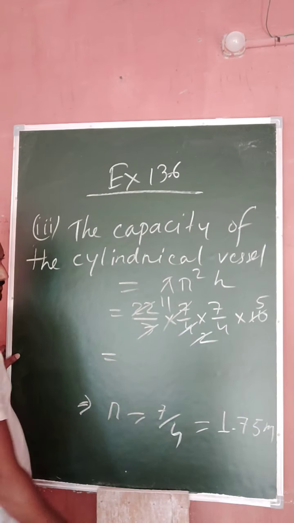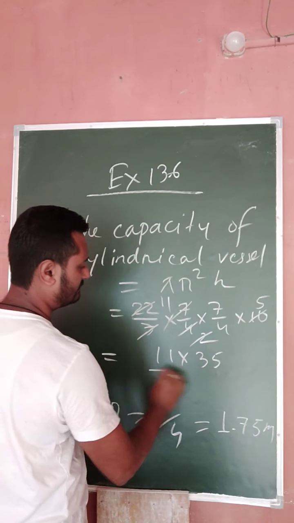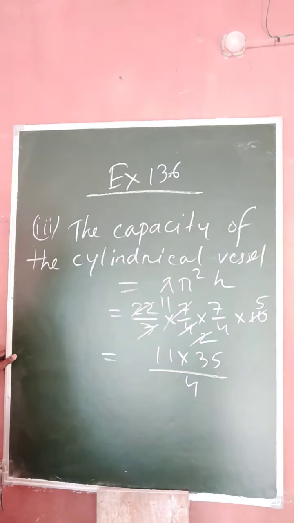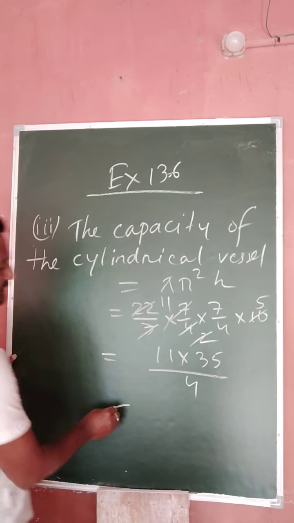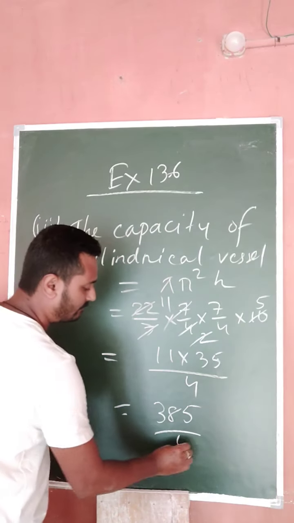So 11 into 35 over 4: 11 times 5 is 55, 5 carry on, giving 385 divided by 4.